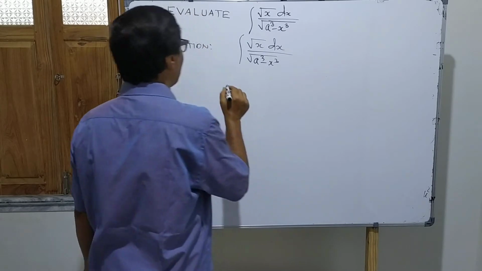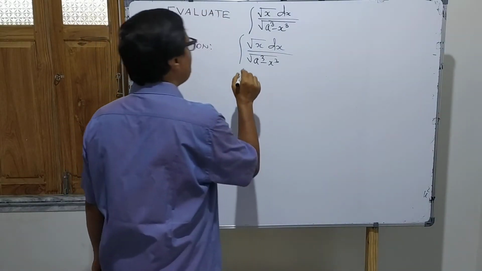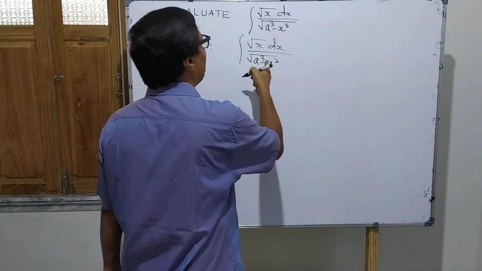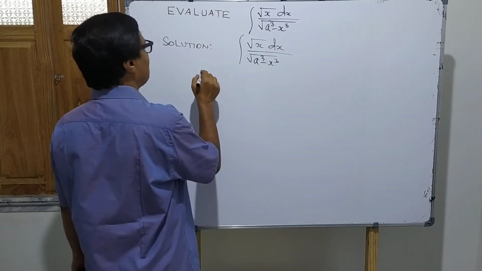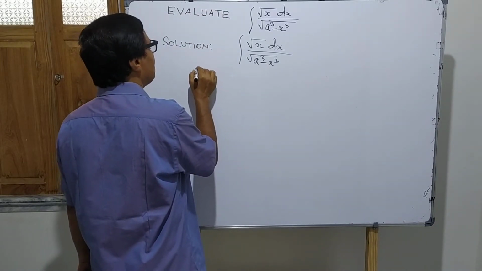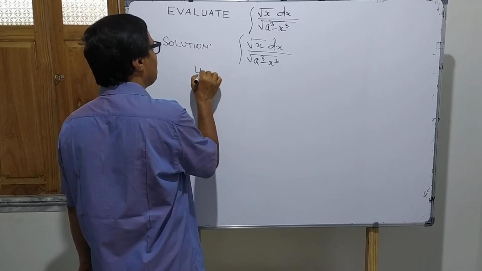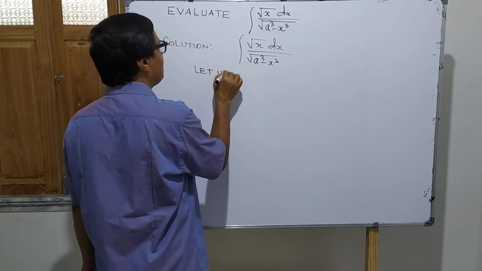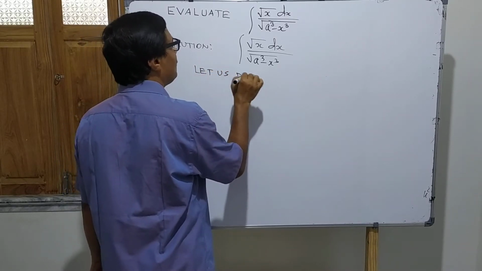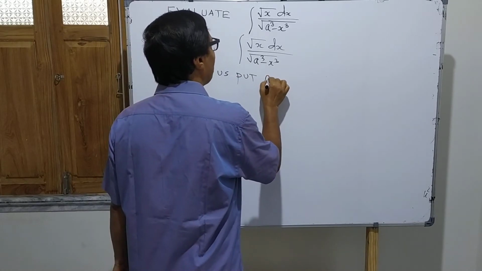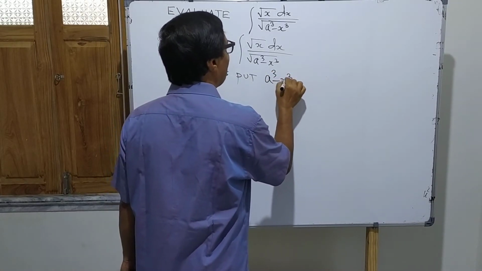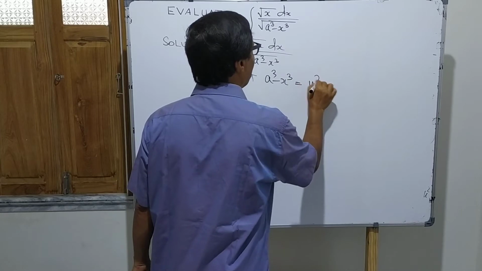Now we can substitute u square for a cube minus x cube. That is, let us put a cube minus x cube equal to u square.